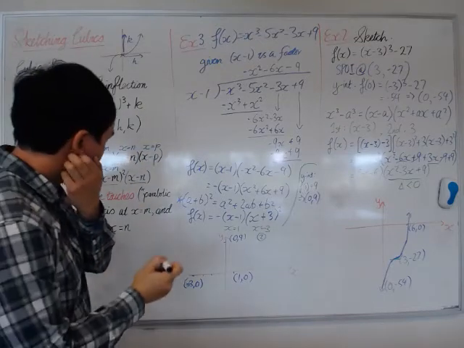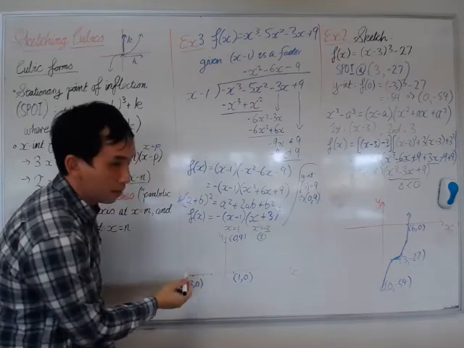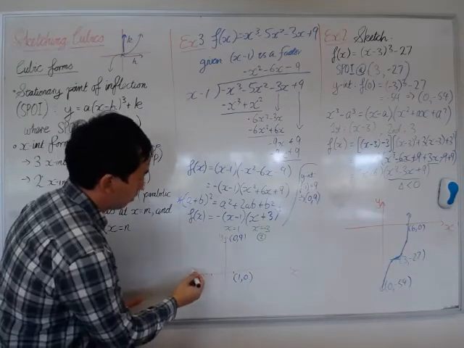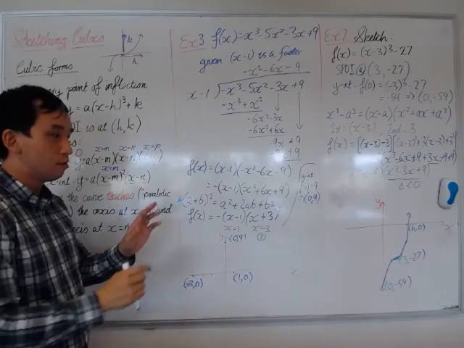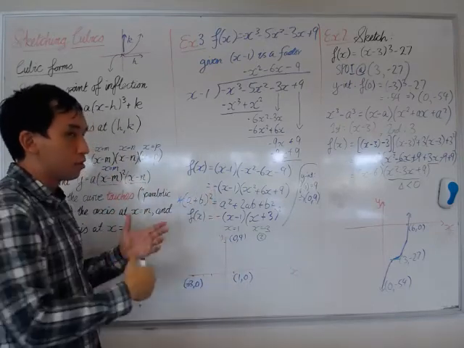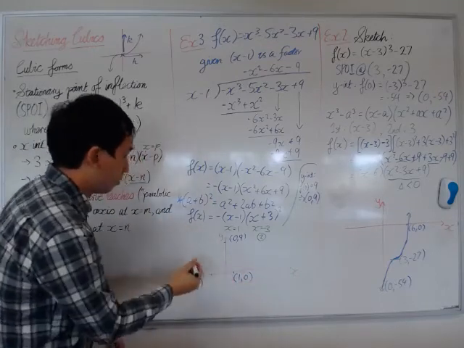And if we sketch through here, we know there has to be a touch over here, a parabolic kind of x-intercept. And it's going to cut through here and cut through here. Remember that this is a negative cubic. So what does this mean? We start at the top and end up at the bottom.